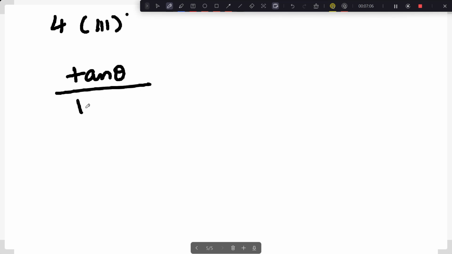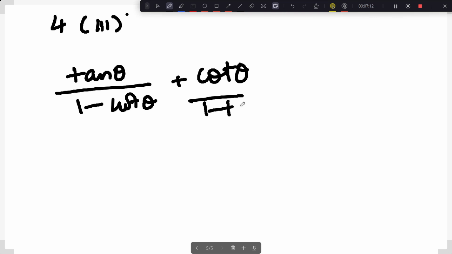Let's move on to more questions. Question number 4, part 3, right? We will solve both the sides separately. Question is like this. So let's solve LHS first. Okay.